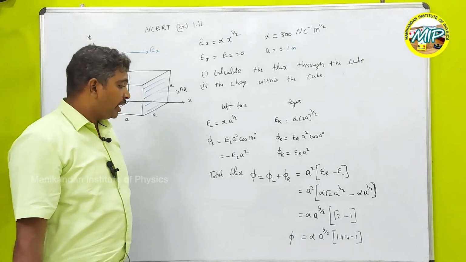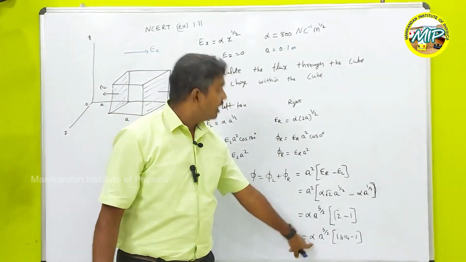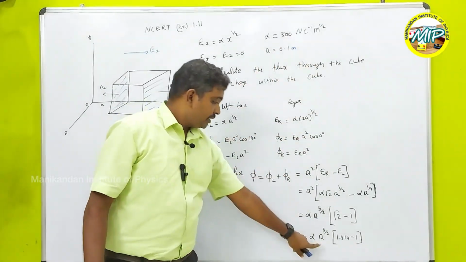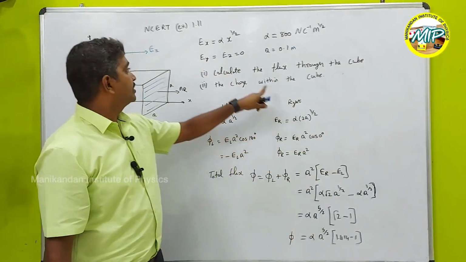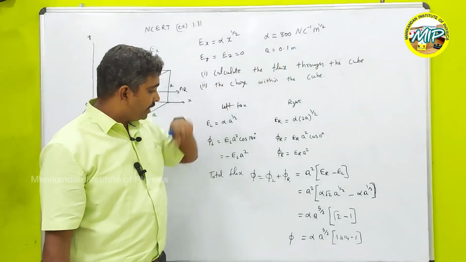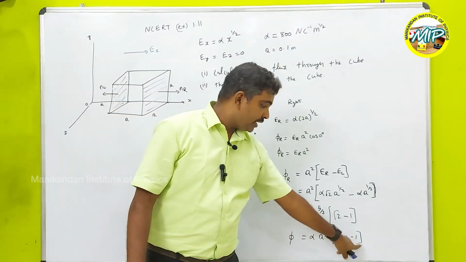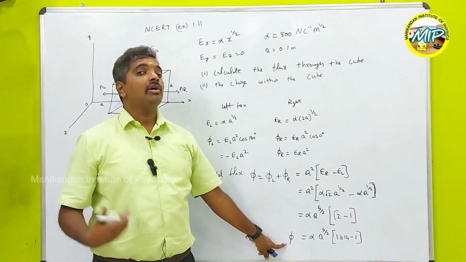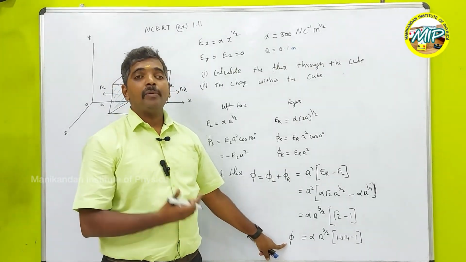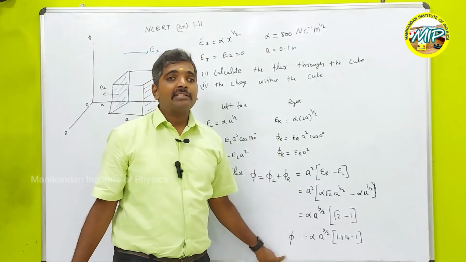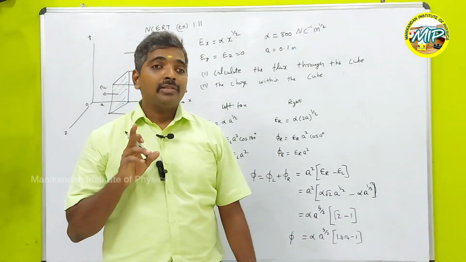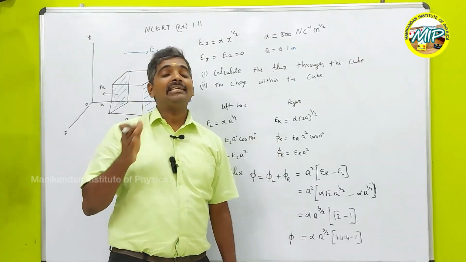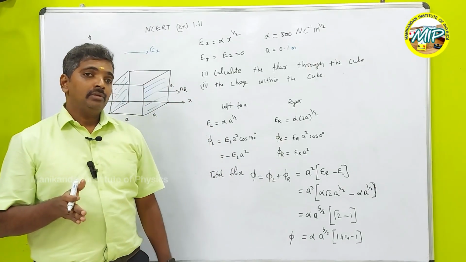Okay, so my alpha is 800, a is 0.1 meters. So this is also again going to be a non-zero value. So my flux through this Gaussian surface or this cube is going to be a non-zero value. If my flux is a non-zero value, there should be a charge inside the cube, right?